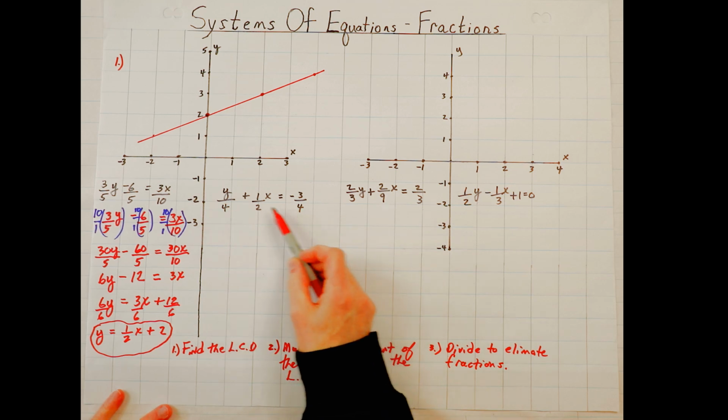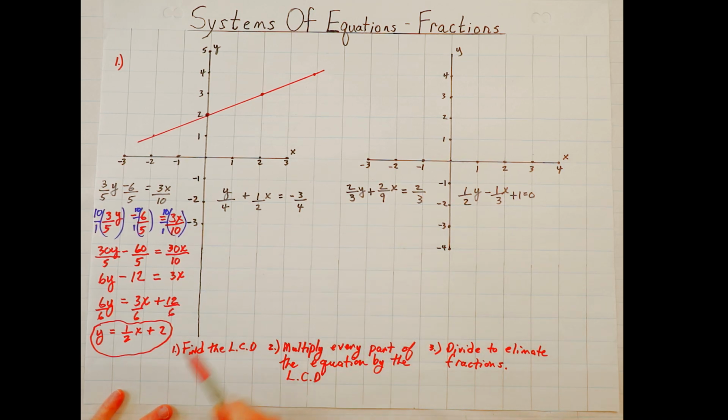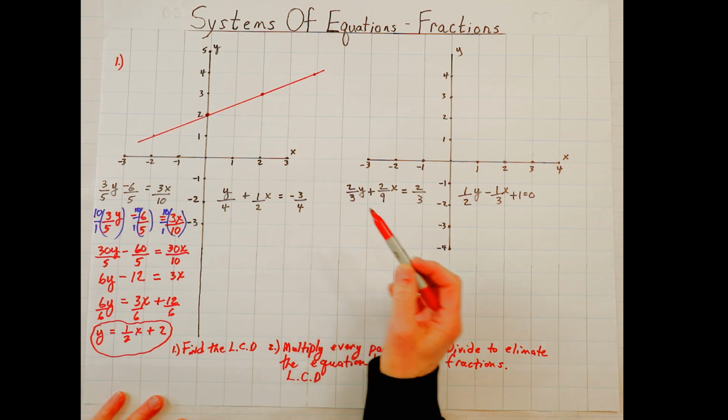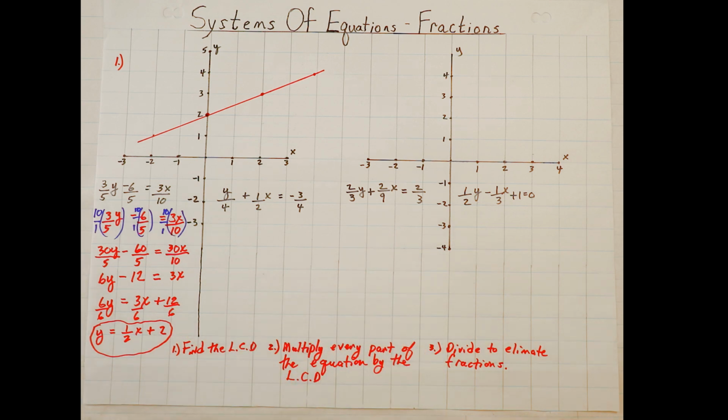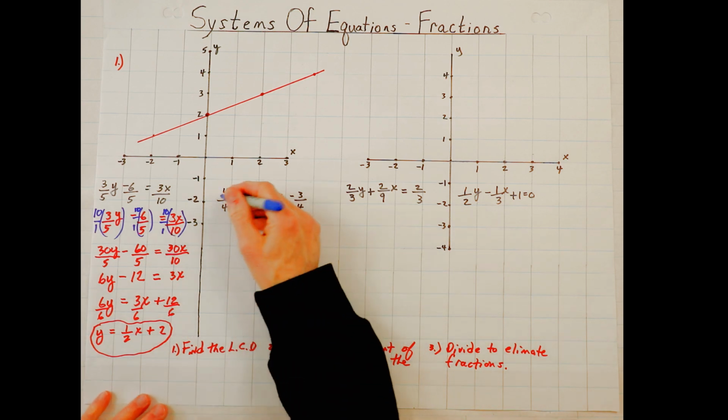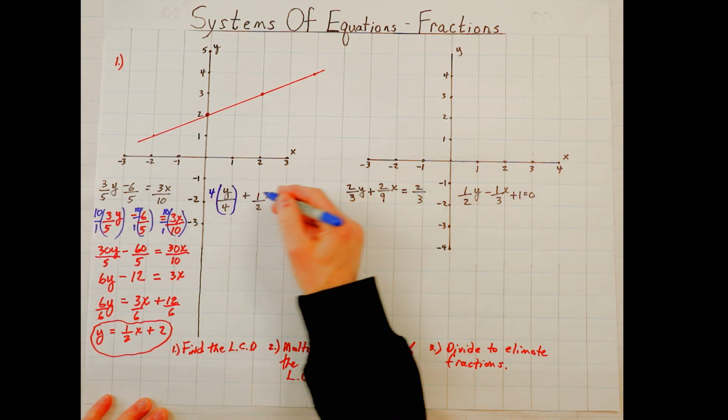Now let's look at the next equation. First step, what's the first step? Find the lowest common denominator. Lowest common denominator is what? Yes, it's 4. So we multiply every part of the equation.